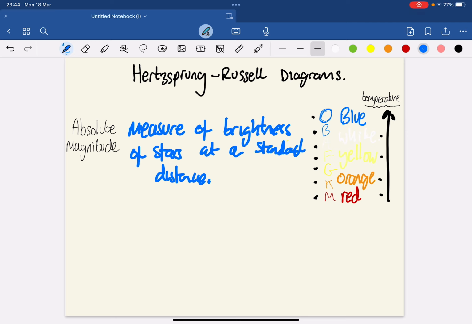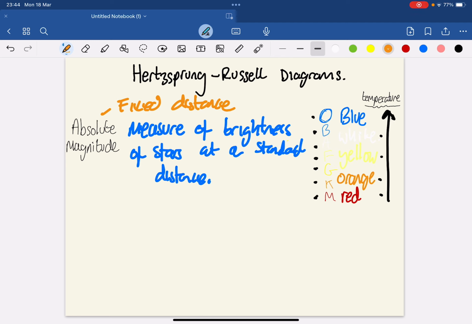So if all the stars were at the same distance away from Earth, that's what they would appear like in terms of their colour. In other words, they're at a fixed distance.